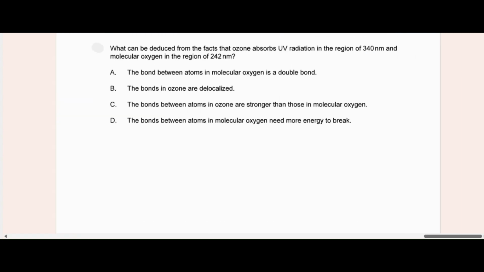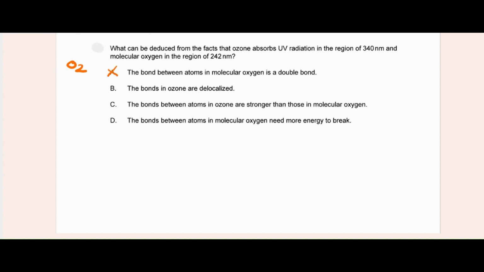What can be deduced from the fact that ozone absorbs UV radiation in the region of 340 nanometers and molecular oxygen, so that's just O2, in the region of 242 nanometers? Right, the bond between atoms in molecular oxygen is a double bond. Oh, well, that is true, but you cannot deduce it simply from what the question has told us.